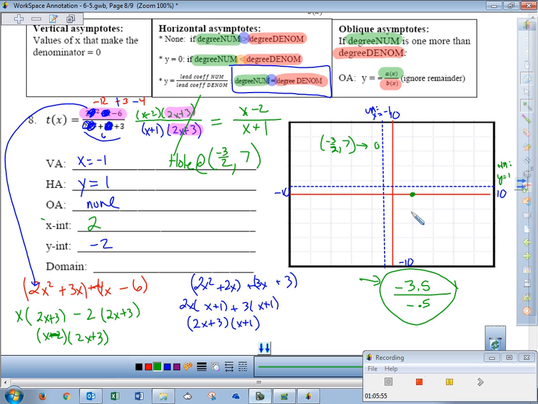Y-intercept of negative 2. That's all, folks. Got my asymptotes, got my hole, got my intercepts. Use the calculator to see what it's supposed to look like.